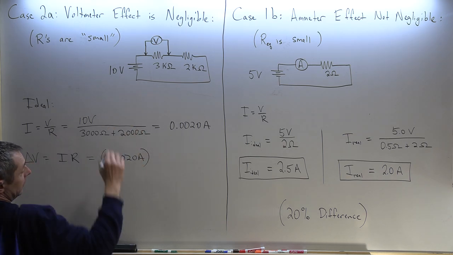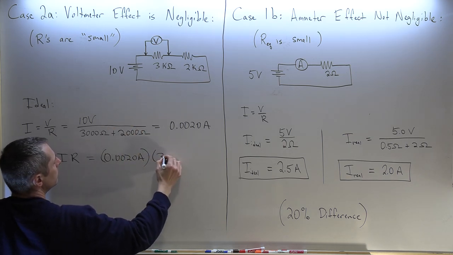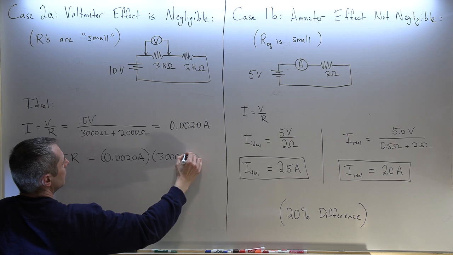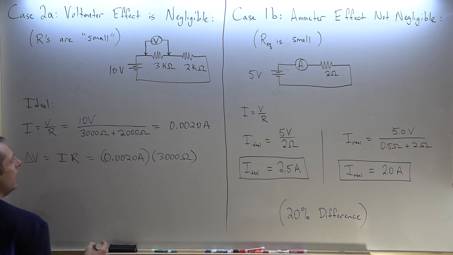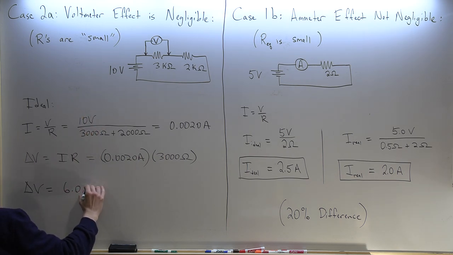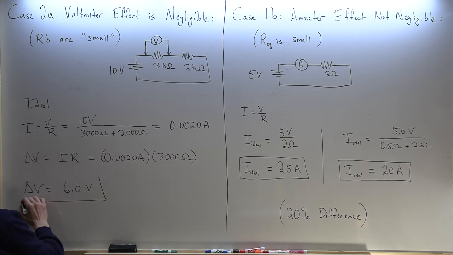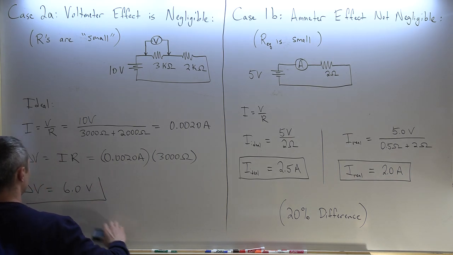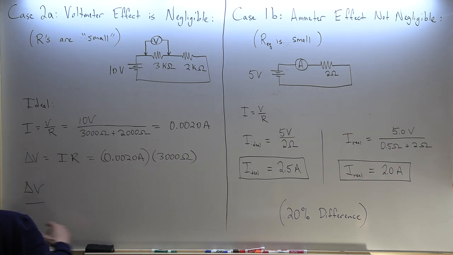And the resistor there is 3,000 ohms. And so when you multiply that, the voltage that we should measure is 6 volts exactly. Let me put the subscript ideal here.